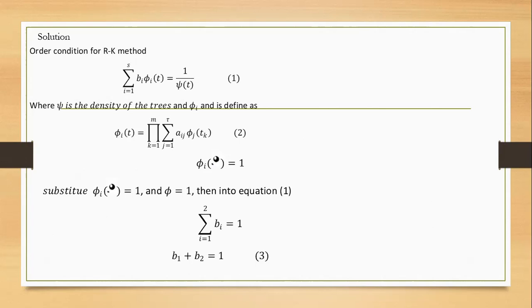Then my density is 1 over 1. If I expand the summation, I'm going to have b1 plus b2 equals 1. That is for a dot tree or one tree, a tree that has just a root without a leaf, or we can say it has just a leaf without a root.